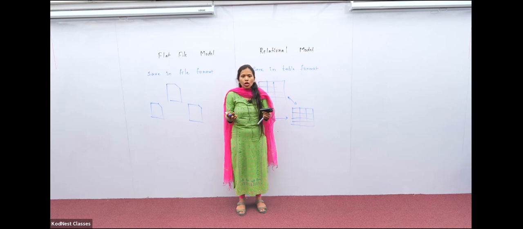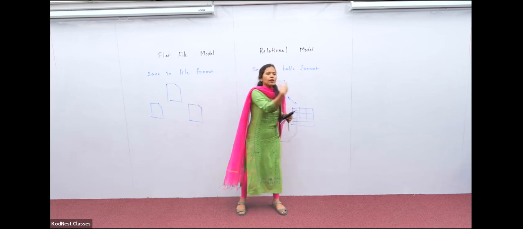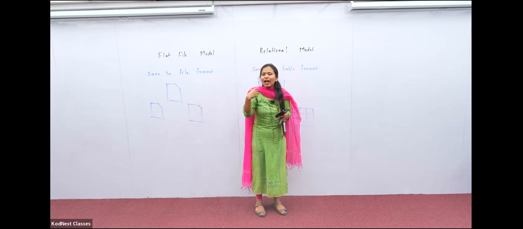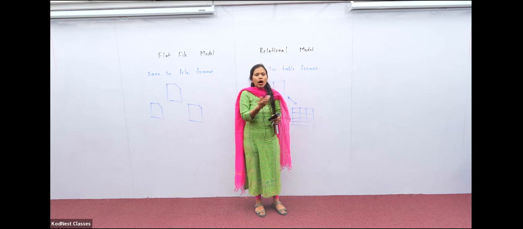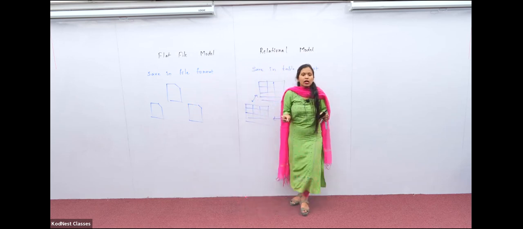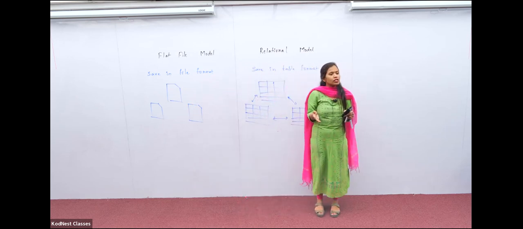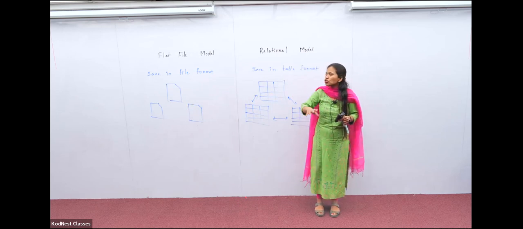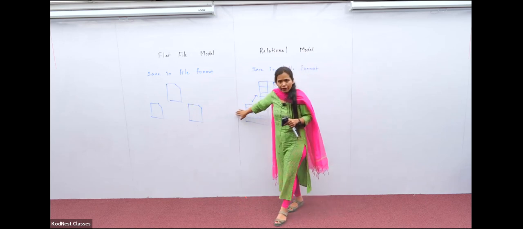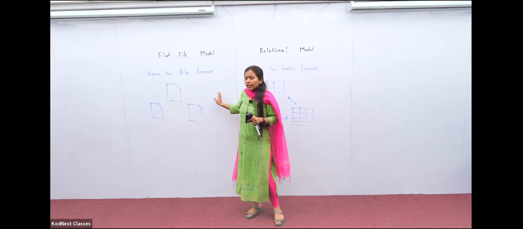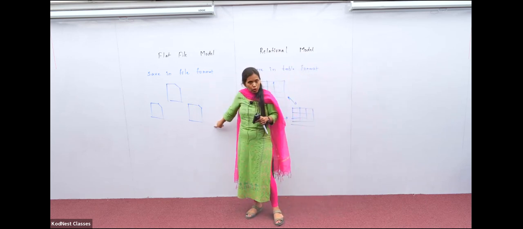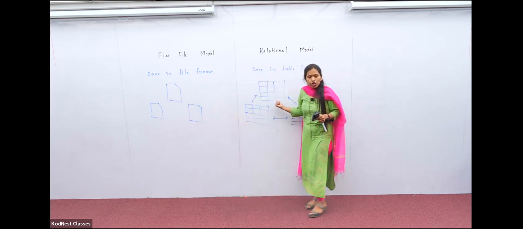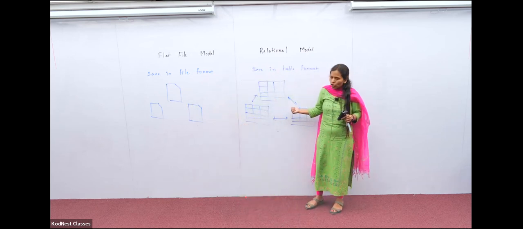If you want to fetch data from different files, you have to open this file and also open the other file, and extract separately. In relational models, we can perform joins and retrieve the data at once. That's not possible in the flat file model. So relationship between files is not possible, while here relationship between tables is possible.